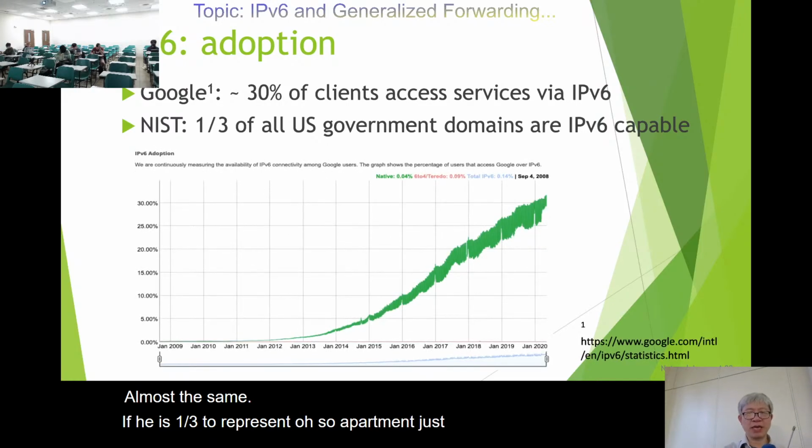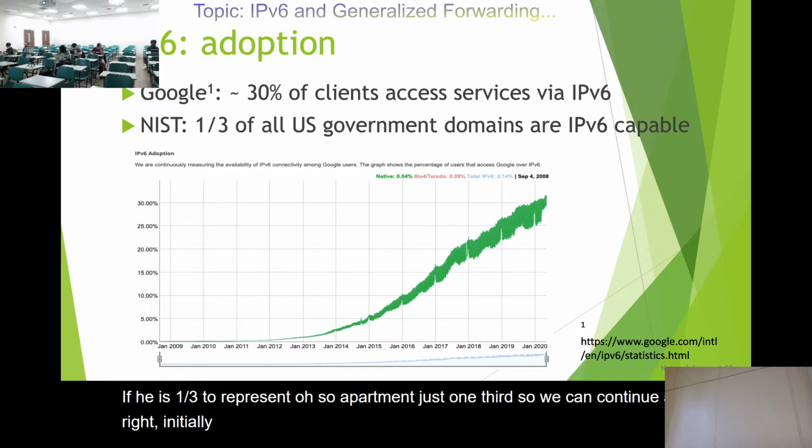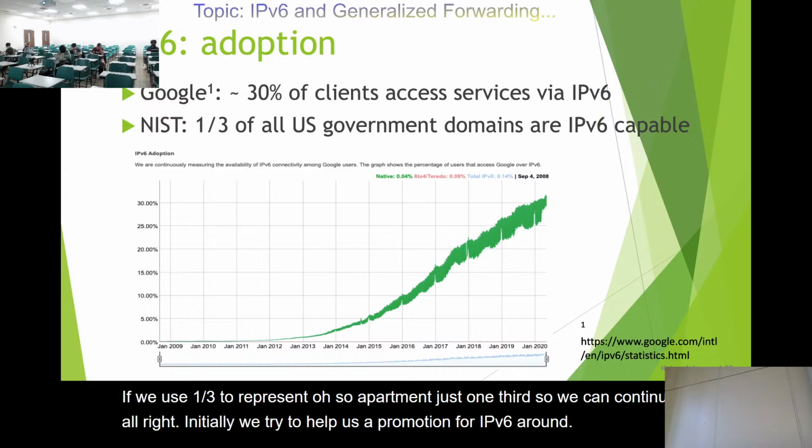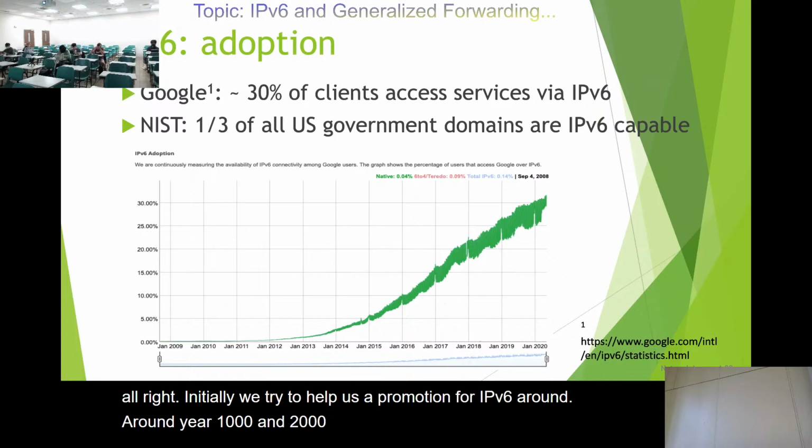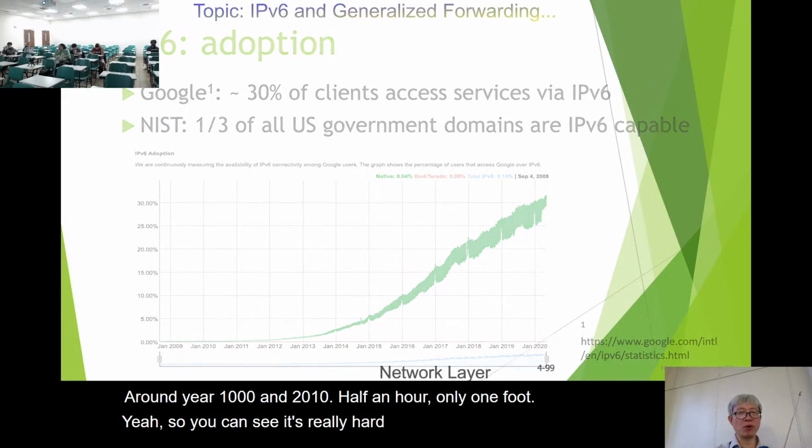So we can continue. All right. Initially, we tried to have the promotion for IPv6 around year 2010. And up to now, only 1/3. Yes, you can see it's really hard to have further promotion.